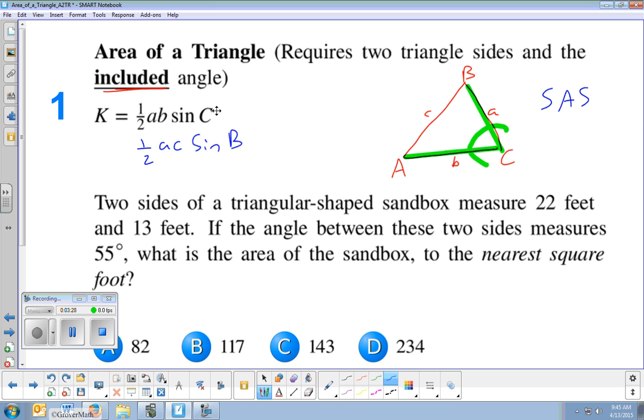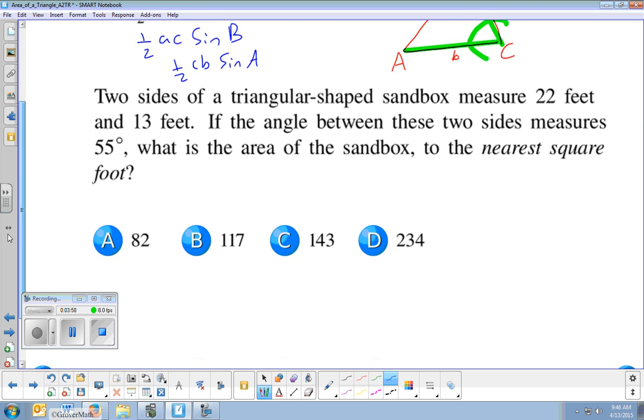So you'll never have any repeating letters here as A, B, C. It could be AC and then sine B. It could be 1/2 CB and sine of capital A. And a lot of times the problems won't even be numbered A, B, and C, like in this first example. It's just talking about measurements of sides and an angle between them. That's all we really need. So don't assume it's got to be side A, side B, and angle C. It's just any two sides, but it has to be the angle between them, the included angle, and that's what's really important.